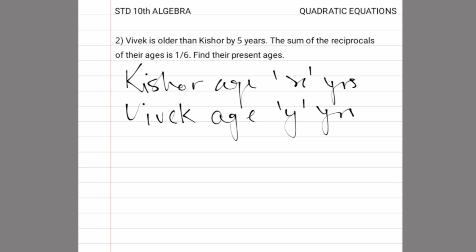We are solving it by linear equations in two variables to see the difficulty. I'm repeating this so you don't get confused, because yes, we have to solve this question by quadratic equations. I'm just showing you the difficulty in solving it by linear equations.